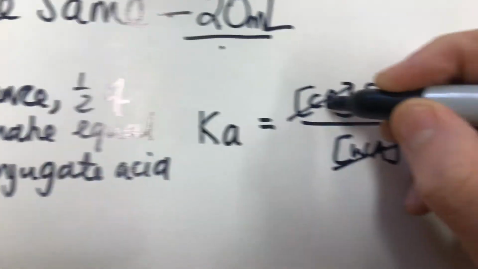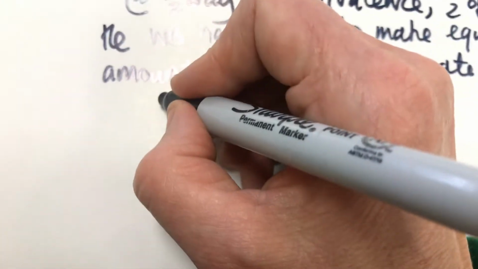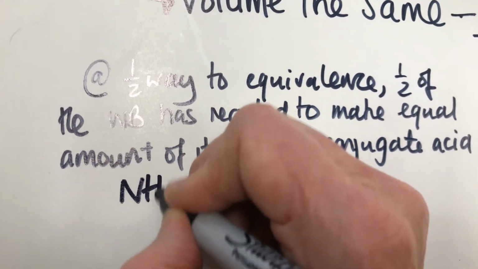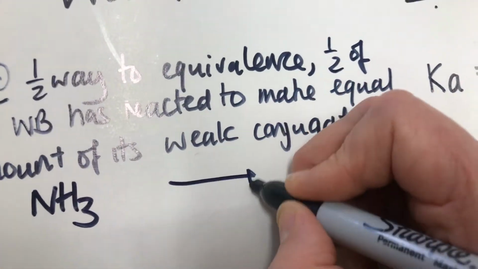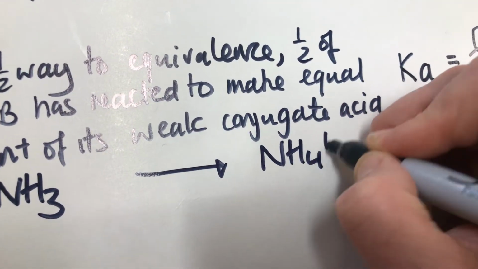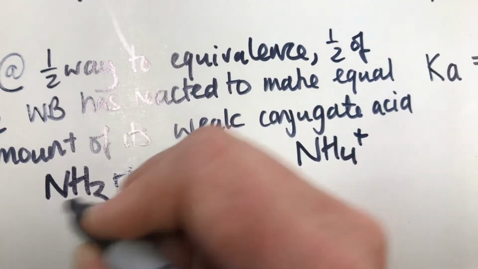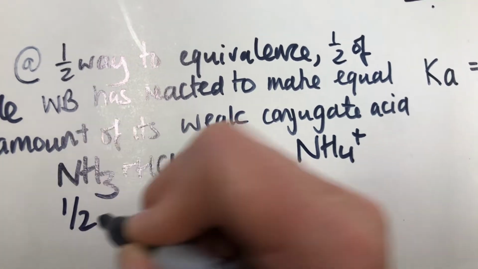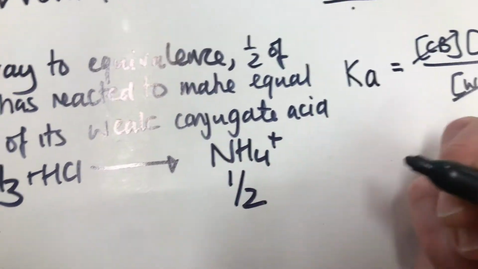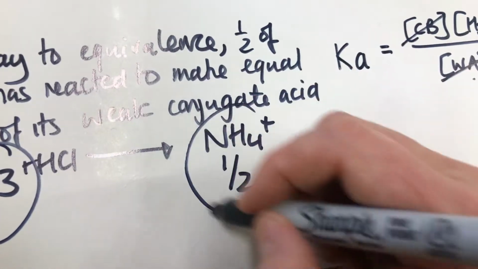So here's our conjugate acid-base pair. In our titration, we started off with NH3. We make NH4+. So half of that's reacted to make the same amount of that at this point.